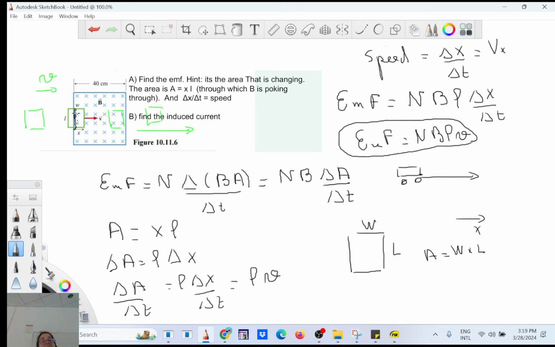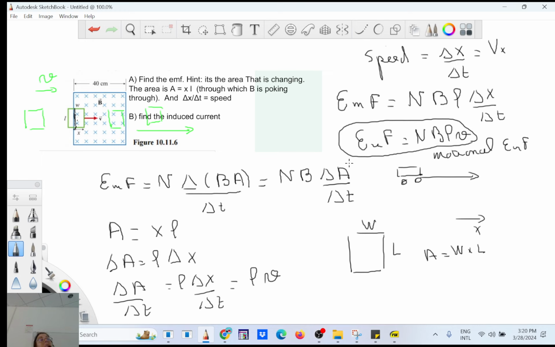So what's happening here? Because it's moving, because it's going into this region where you have a magnetic field, you're going to induce an EMF. So mechanical energy will be turned into electrical energy. So this is called the motional EMF.